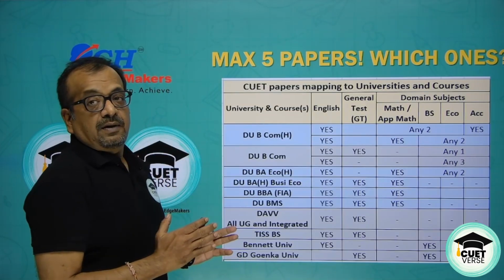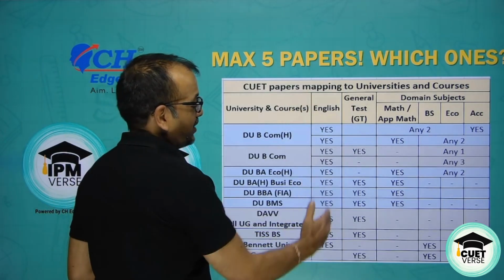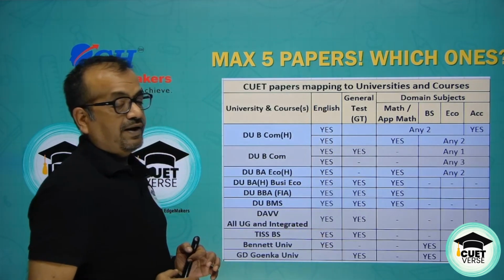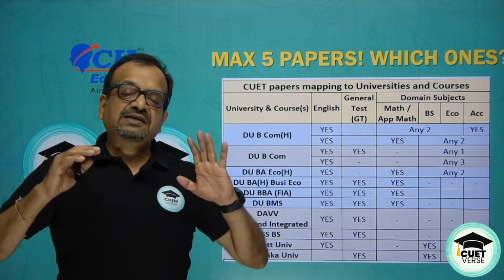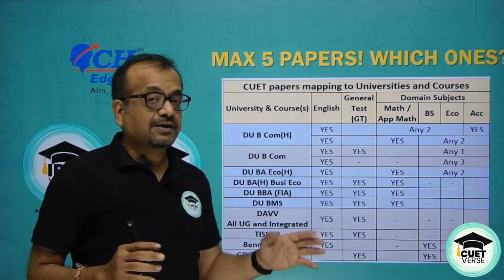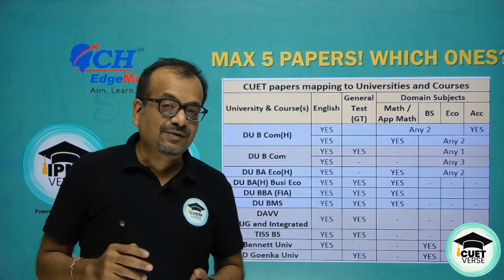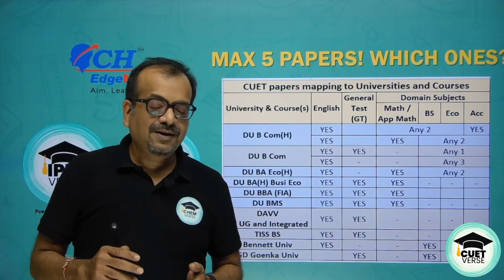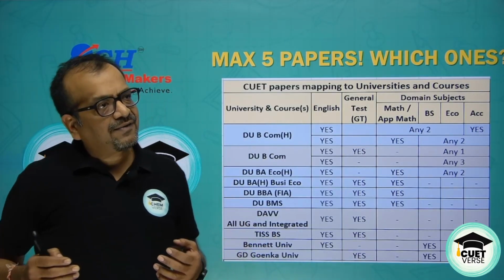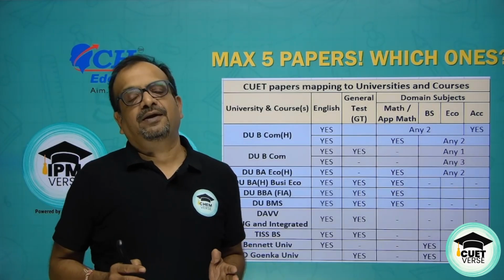This table gives us a lot of clarity. If you look at the columns, English is required almost everywhere. So one paper that gets sort of fixed is English. Now I say English, it could be any other language from section 1, which is about languages, but the majority of the students that I have seen, their choice is English.